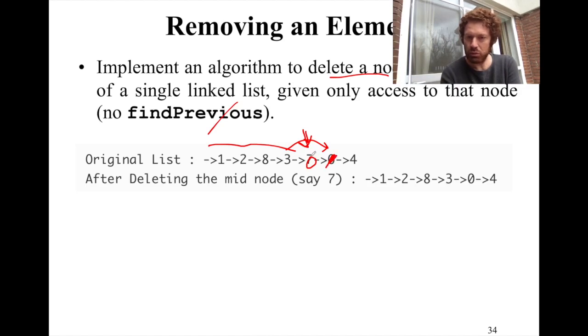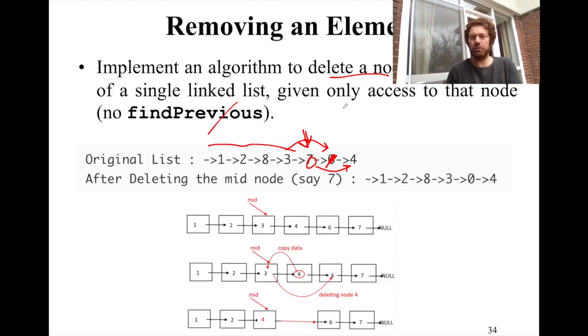Because I am still in this node, I will make 0.next equal to 4. So basically, I physically removed the other node, but I don't really care, because these are just arbitrary memory locations. The content 0 is preserved, and the content 7 is gone. And see, I haven't looked at anything to the left of 7. So that was the trick.